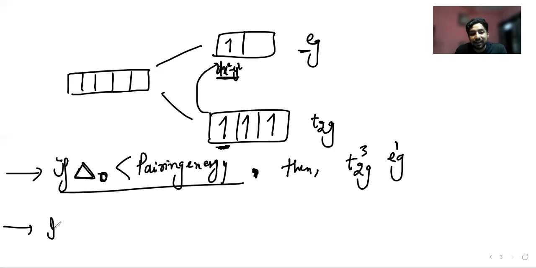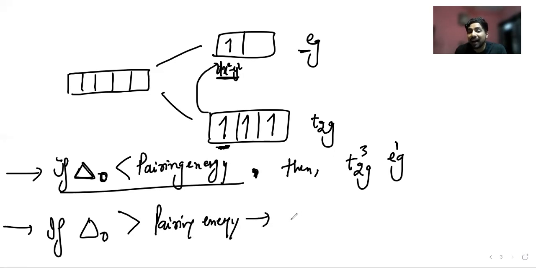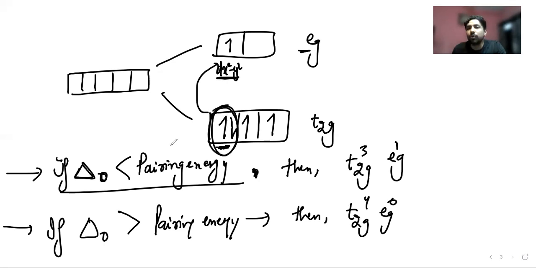Secondly, if delta O is greater than the pairing energy, the configuration we get is T2g4 Eg0, meaning the fourth electron enters this orbital only, that is dxy.